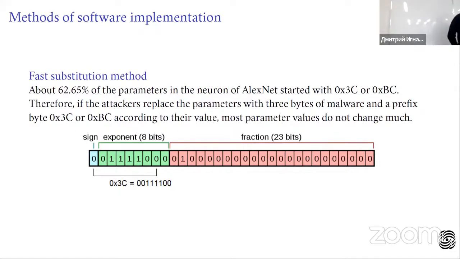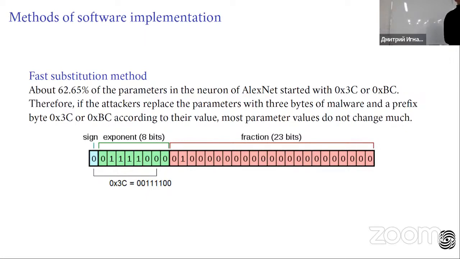The next one is pretty much the same, but if we take a look at a pre-trained AlexNet for image recognition, we can see that most of the values start with a specific byte, 3C or BC.